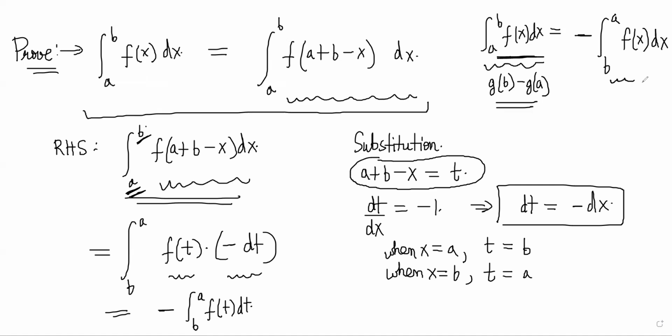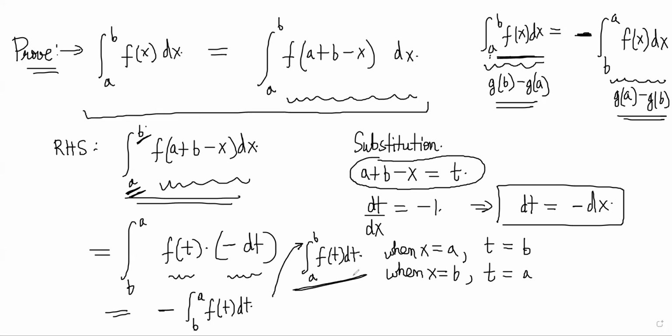What will happen if you calculate the other integral? It would have been g a minus g b. And that's why I have to put a negative sign. Do you understand that if you exchange the limits, it should come with a negative sign? So here, that negative sign and b to a can be written as a positive sign and a to b, right?